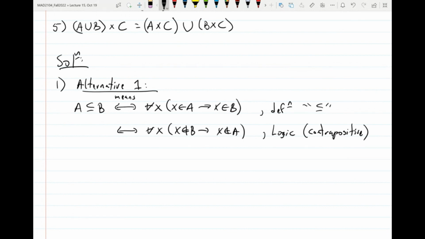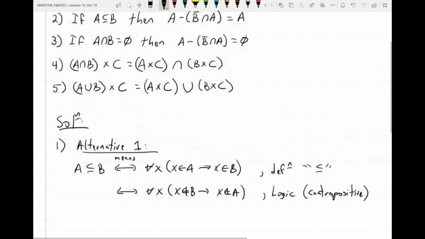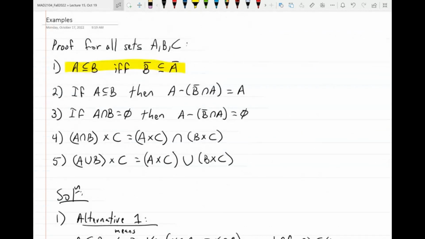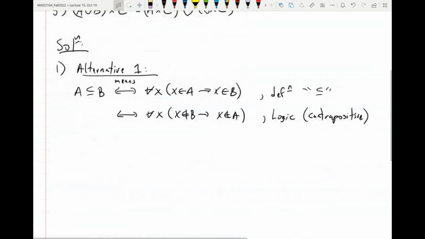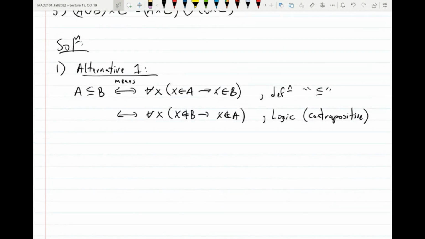All right, now it's time to unwind and try to see if we can recover what we want. Remember, what's our target? Our target is this. Somehow we need to bring B complement and A complement into the picture because we don't have them yet in here. So if you have a chance to bring them in, then you should do it. So let's see, do we have a chance to bring them in?